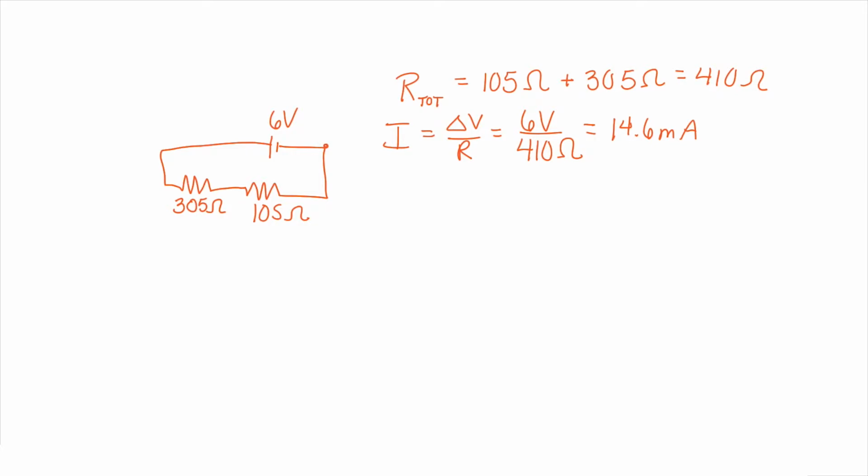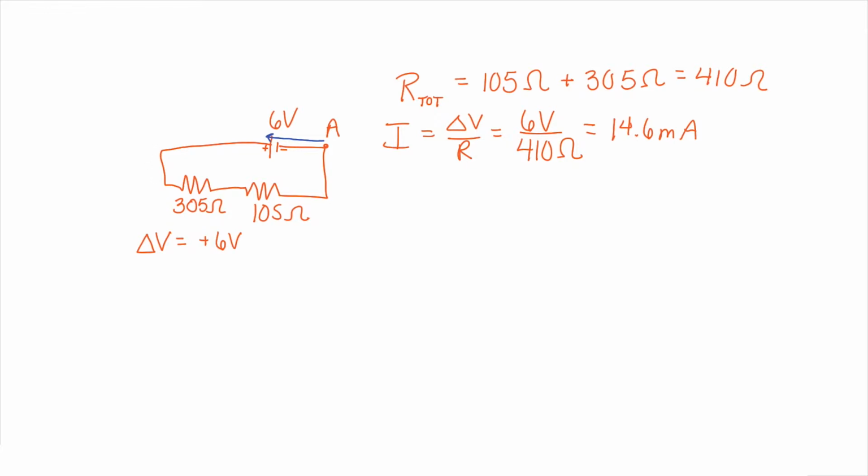Okay, so starting at point A, we'll move counterclockwise around the circuit. The first element we come across is the battery, and we go from the negative to the positive terminal of the battery. So the change in electric potential across the battery would be a positive 6 volts.